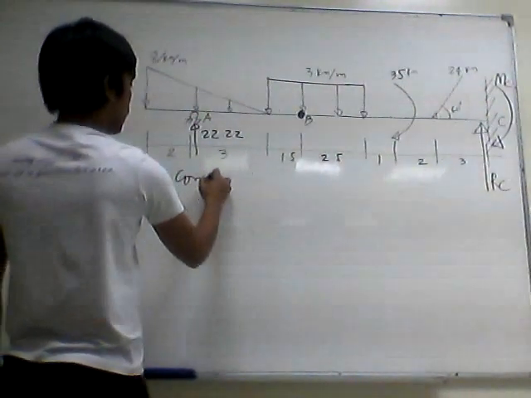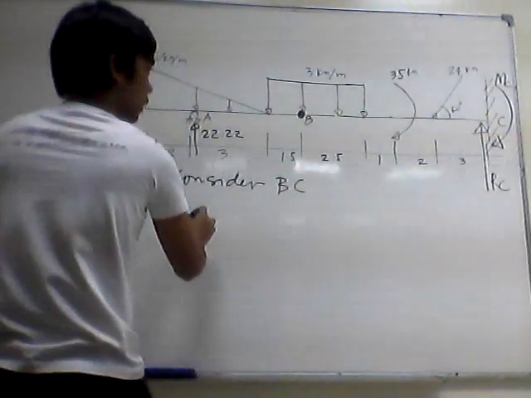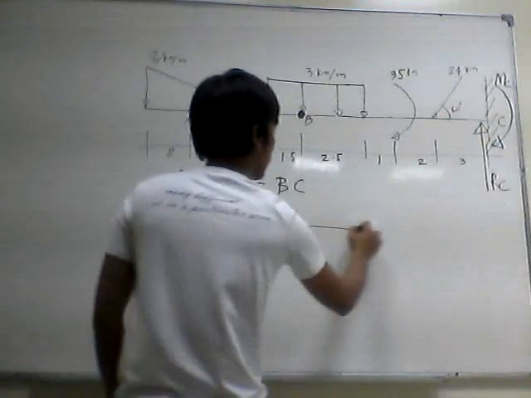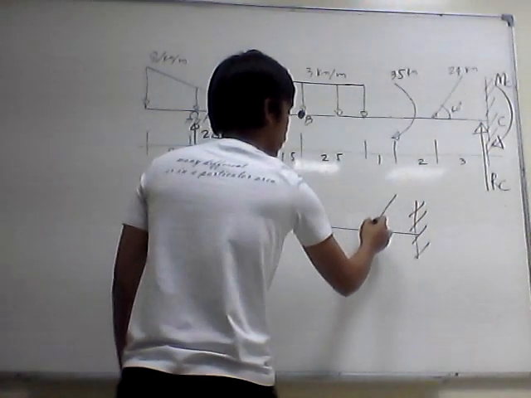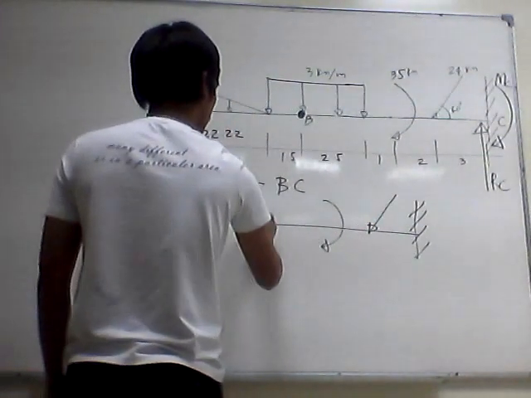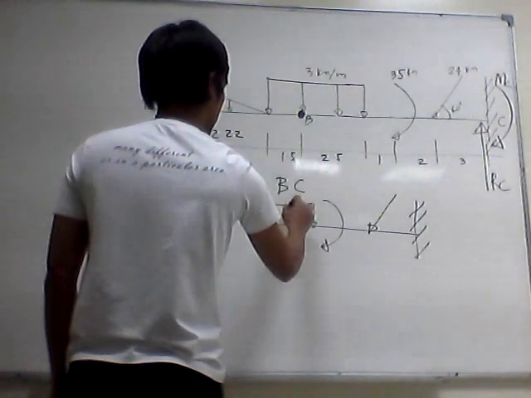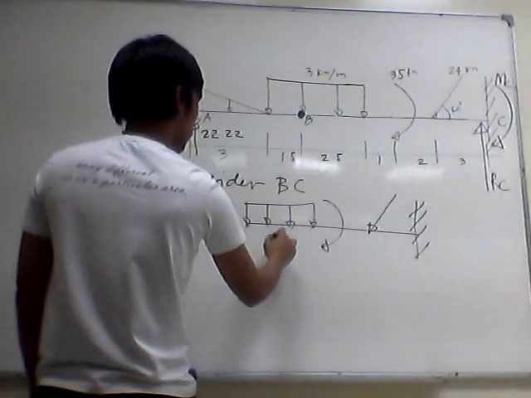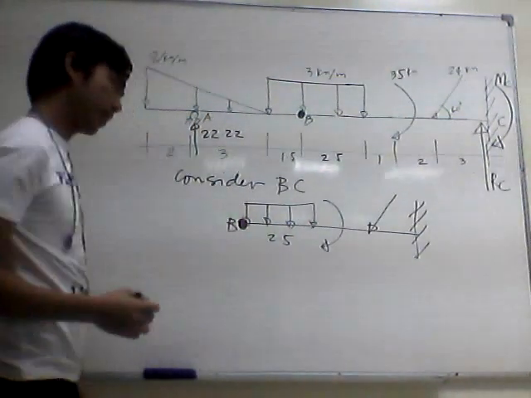So consider BC. Now draw the beam showing only this portion. So this is 2.5. We have the internal hinge at B here.